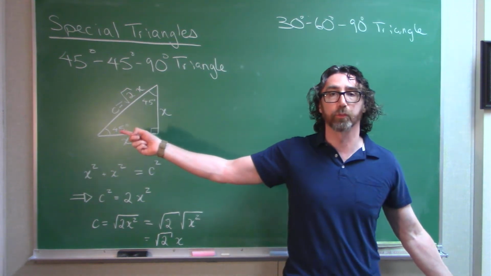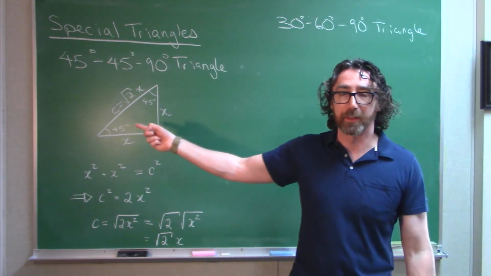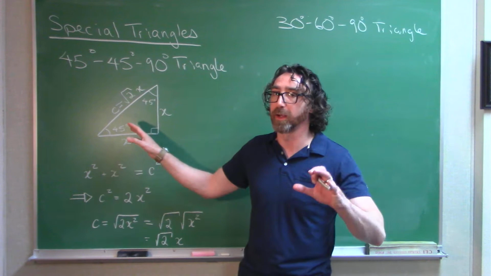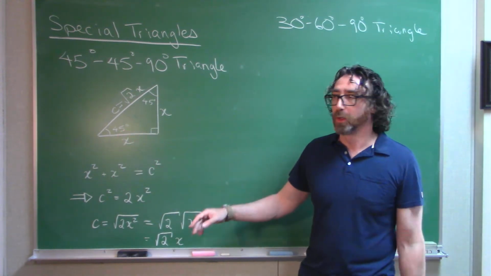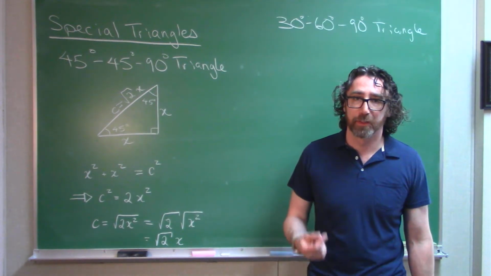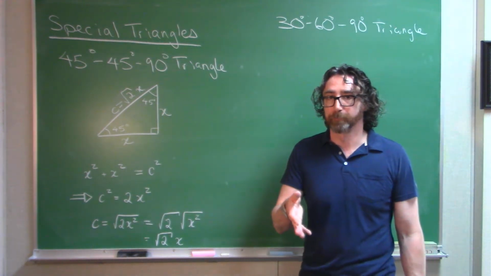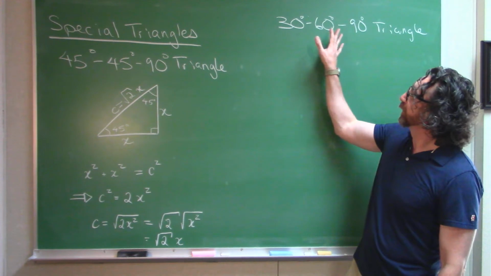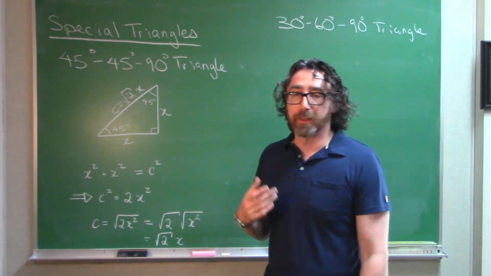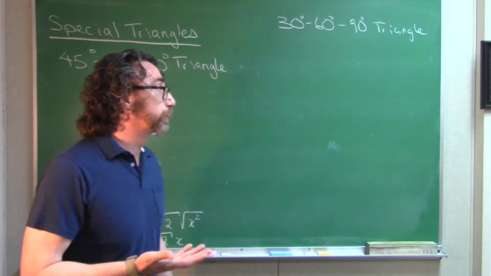We could get an approximation using a calculator if we needed it, but we'll just call it 5 radical 2. So with this special triangle, if you know just one side length, you can get the remaining two.